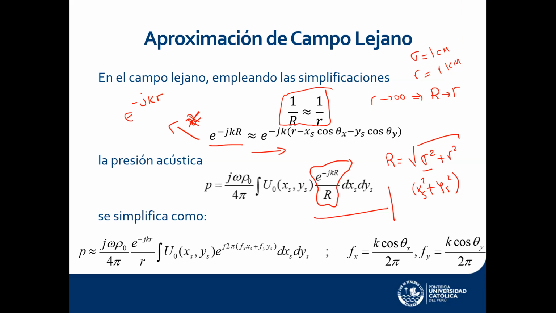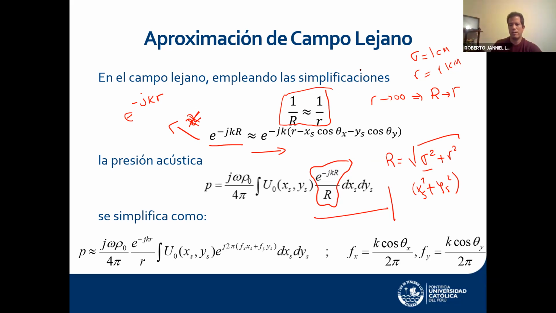We're lucky enough that because we did this, the equations look nice. But we do this because we cannot make this approximation for the complex exponential. Why can we not make it? Why not just e to the minus jk little r and get it over with? What do you think?